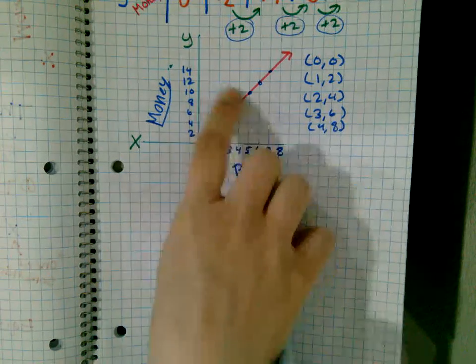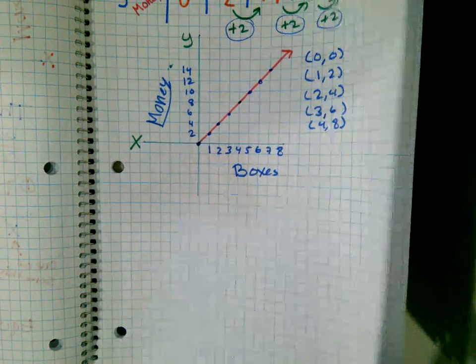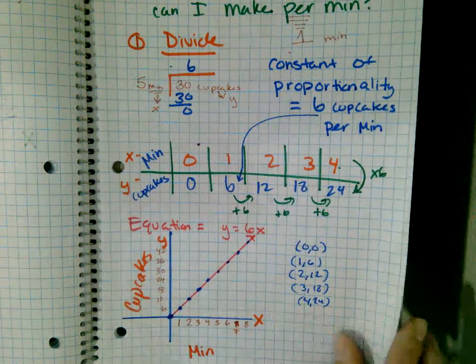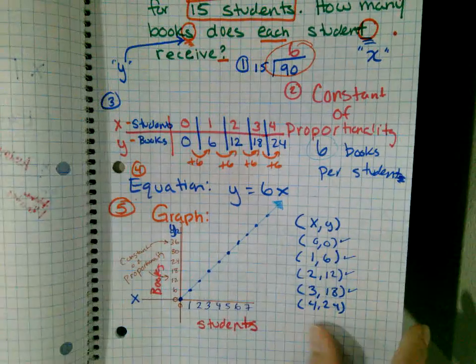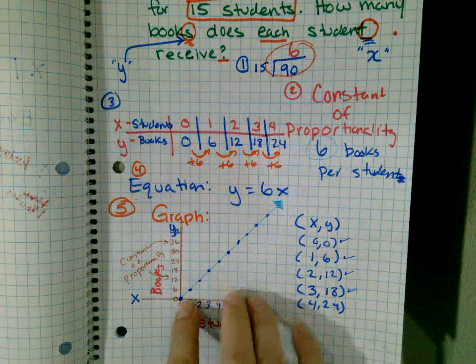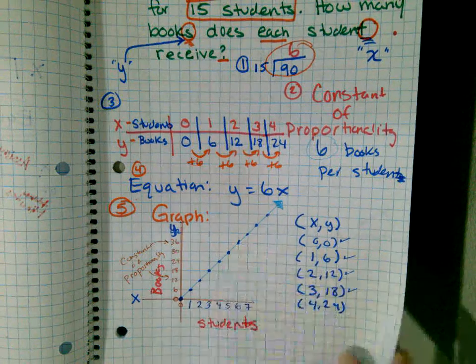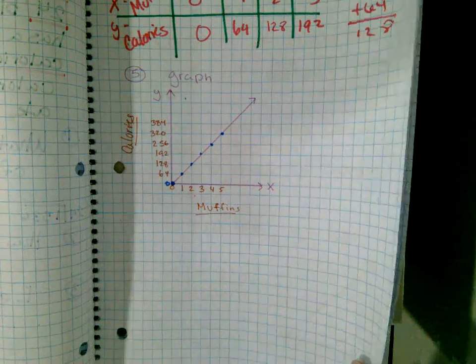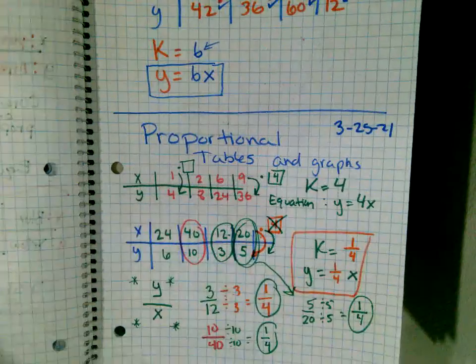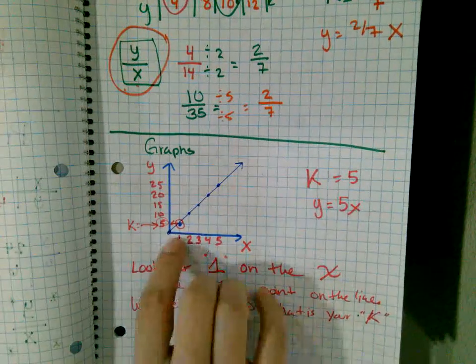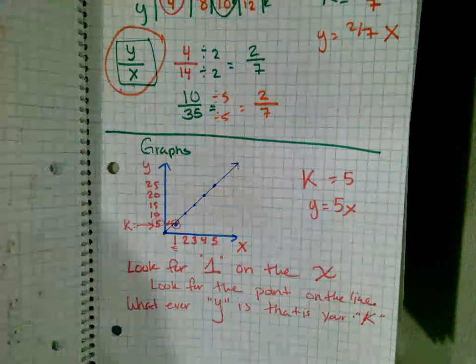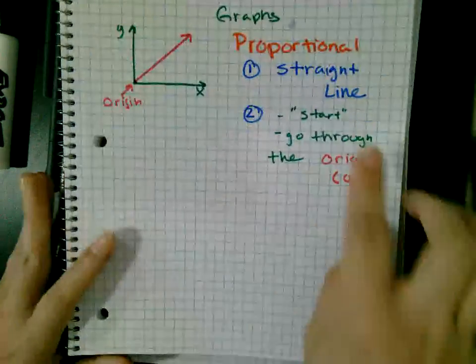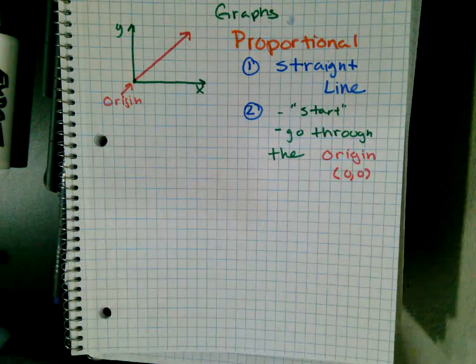There's no dot that's randomly placed. They all create this beautiful straight line and they all start at 0, 0. No matter what the unit rate was, constant of proportionality, they all meet these two criteria. No matter what craziness I threw at you, it always was straight line, go through the origin.